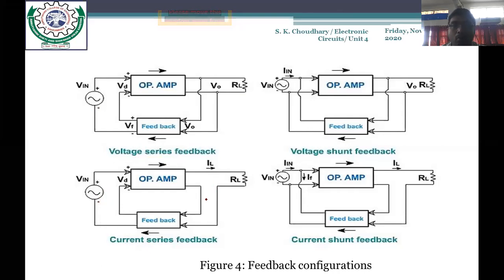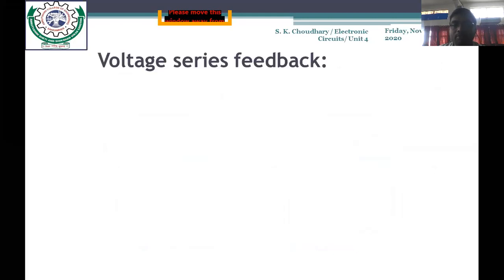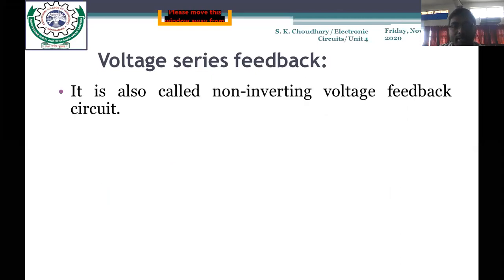Okay, so I hope all of you have drawn this diagram or taken the screenshot. This is a very useful block diagram to understand the concept of all 4 types of feedback configuration. Now we refer to the first one, that is voltage series feedback, also called non-inverting voltage feedback circuit.